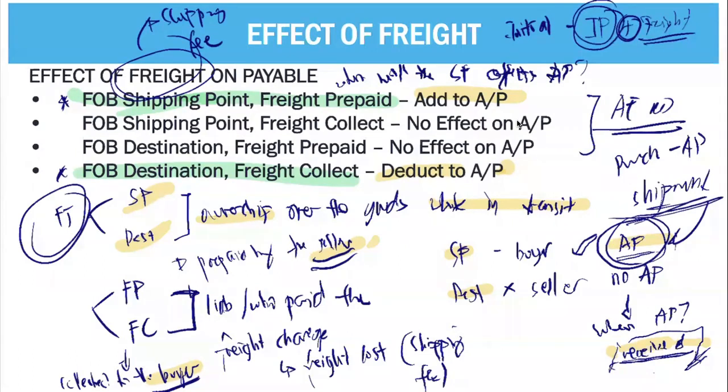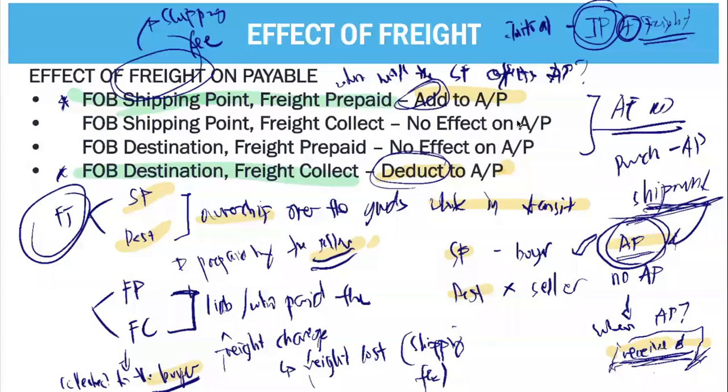Upon your purchase, you record the invoice price. When will we record? Shipping point upon shipment, destination upon receipt. Clear? Next, freight. When will we record the freight? FOB shipping point freight prepaid, add. FOB destination freight collect, deduct.